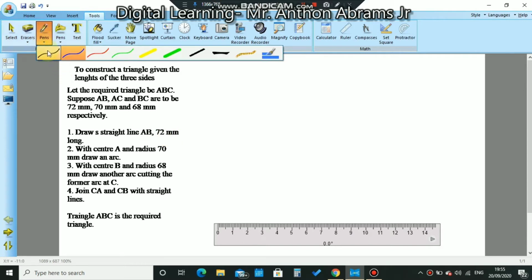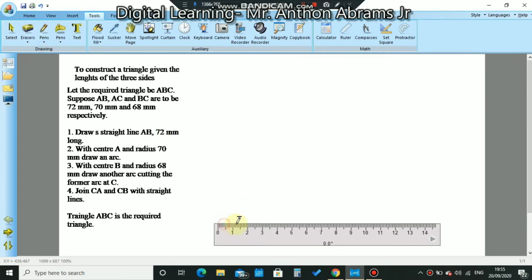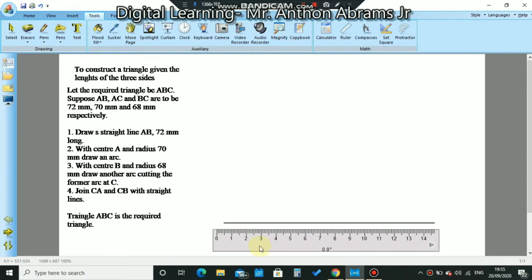You're gonna take your pencil and draw a line of any length, but then we take our compass and mark off the measurement that they give us here. The measurement is AB 72 mm.